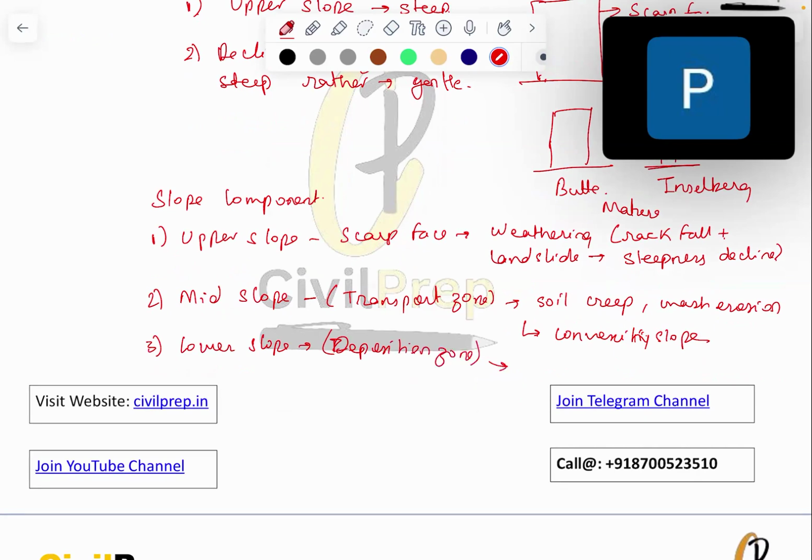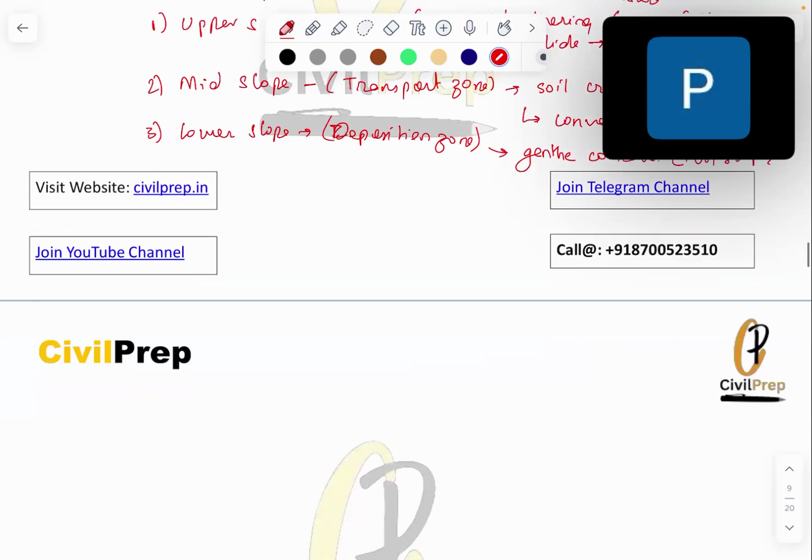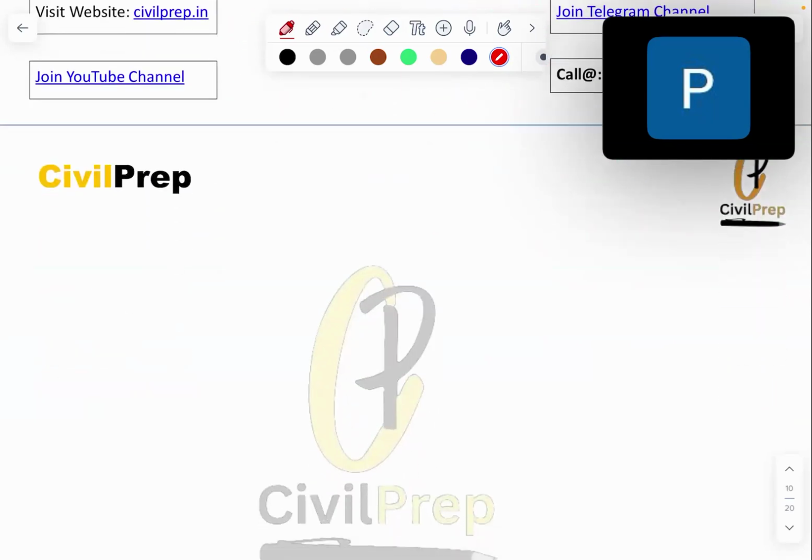Under the deposition zone, we'll be saying that it is a gentle concave, also called the foot slope. This is also called the foot slope here. So what we'll be saying is that this kind of condition has certain cases in India and in the world.